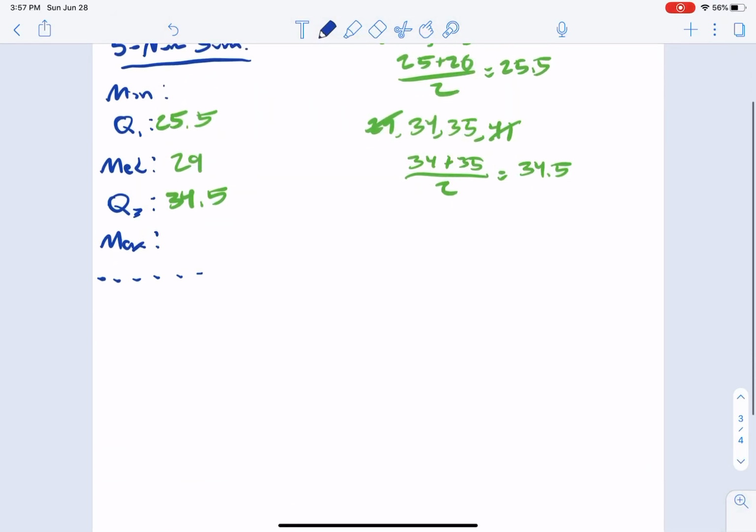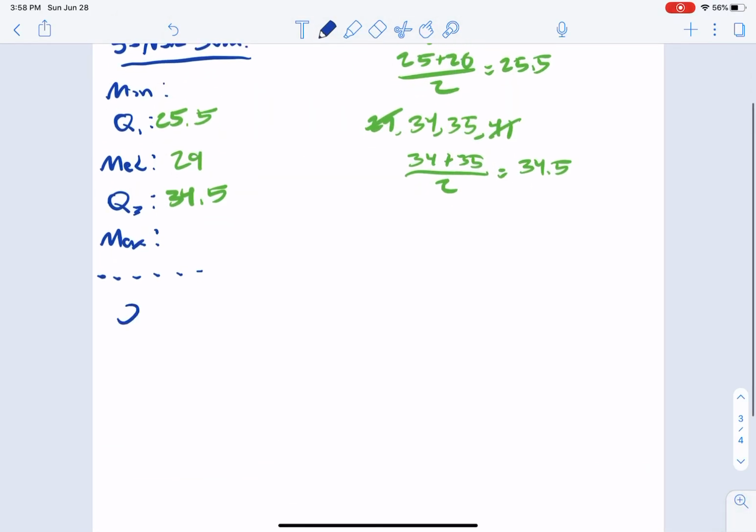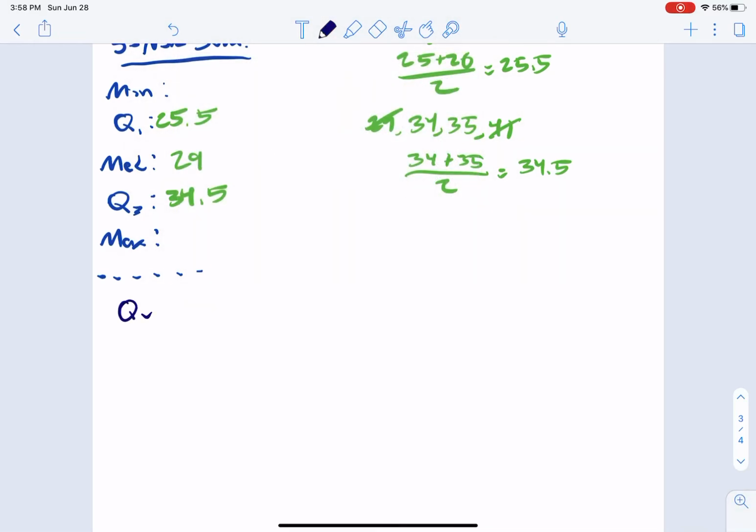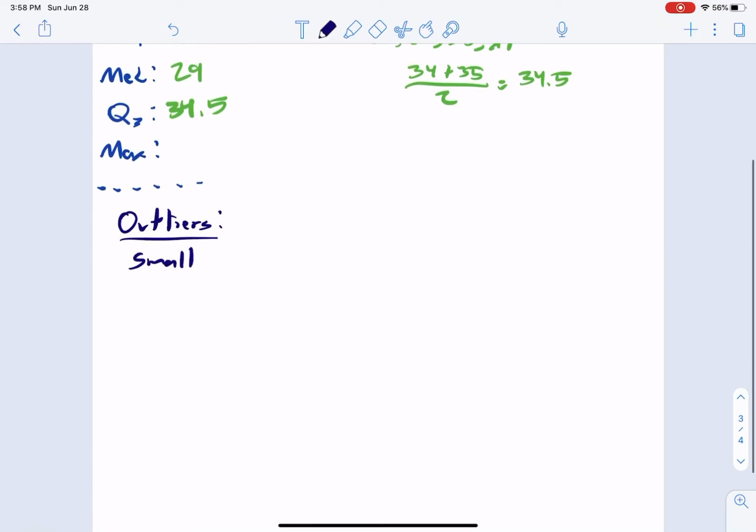Okay, and then outliers. Okay, so small outliers: Q1 minus 1.5 times the interquartile range.